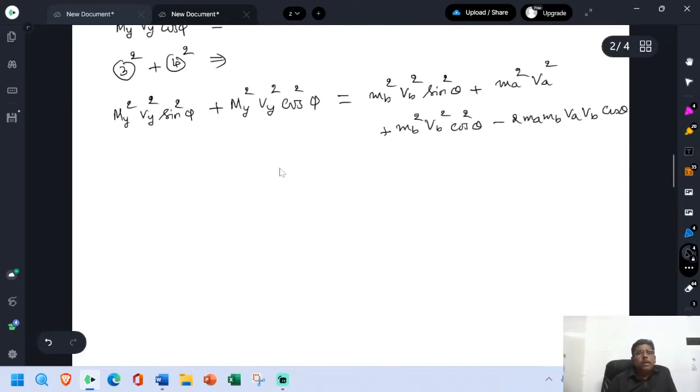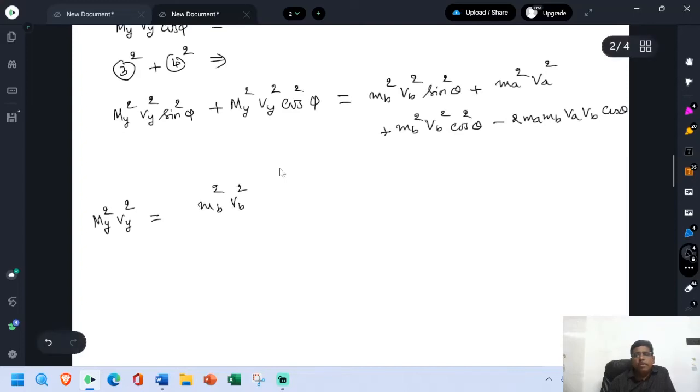Then take My square Vy square outside. We can write sin square phi plus cos square phi, which is equal to 1. So the left hand side is My square Vy square, which is equal to, combining mb square Vb square sin square theta plus mb square Vb square cos square theta, mb square Vb square.